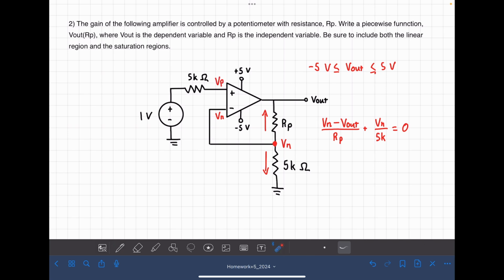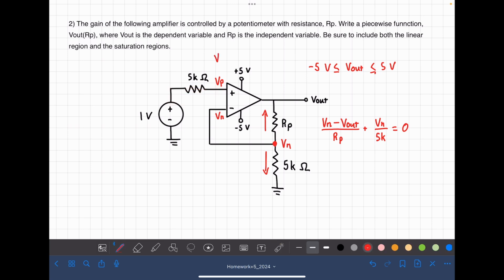So what is the voltage of Vp right here? Well, since we have no current going into this terminal right here, there's no current going through this resistor. And if there's no current going through the resistor, that means there's no voltage drop. So that means this 1 volt stays constant all the way to Vp.